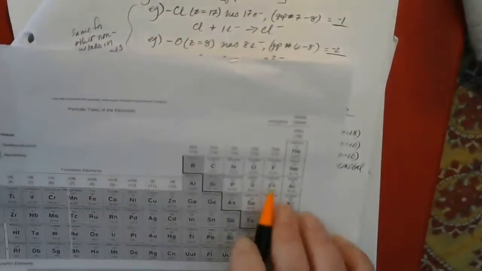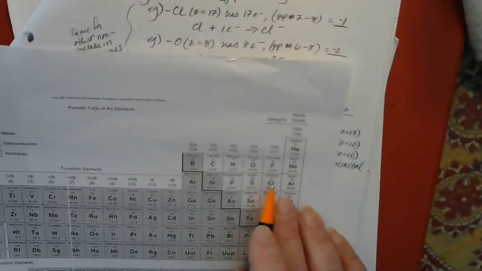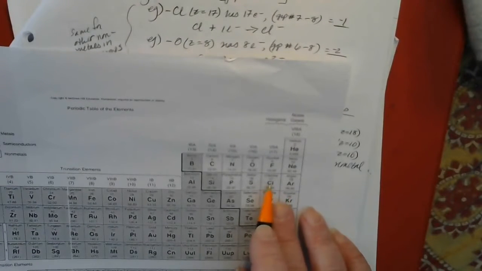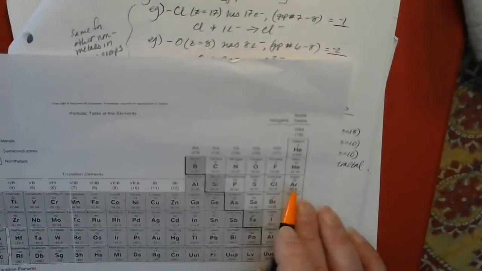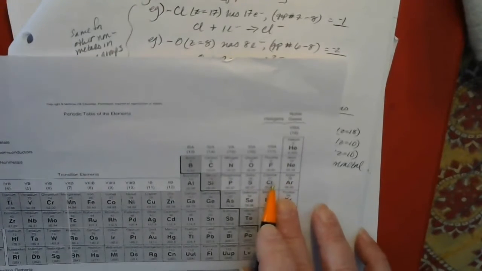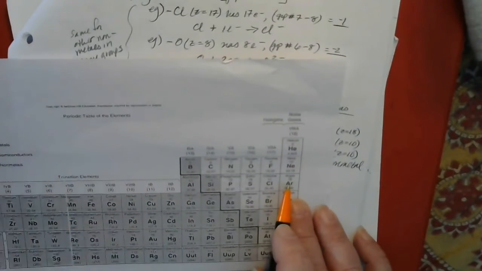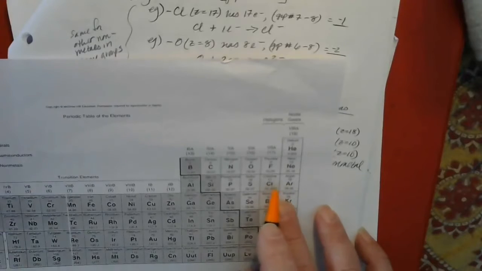Chlorine is atomic number 17. And if it gains 1 electron, it will have 18 electrons, just like argon. Again, it's not becoming argon because it still has 17 protons in the nucleus, but it has 18 electrons. That one extra electron is why it has a -1 charge.